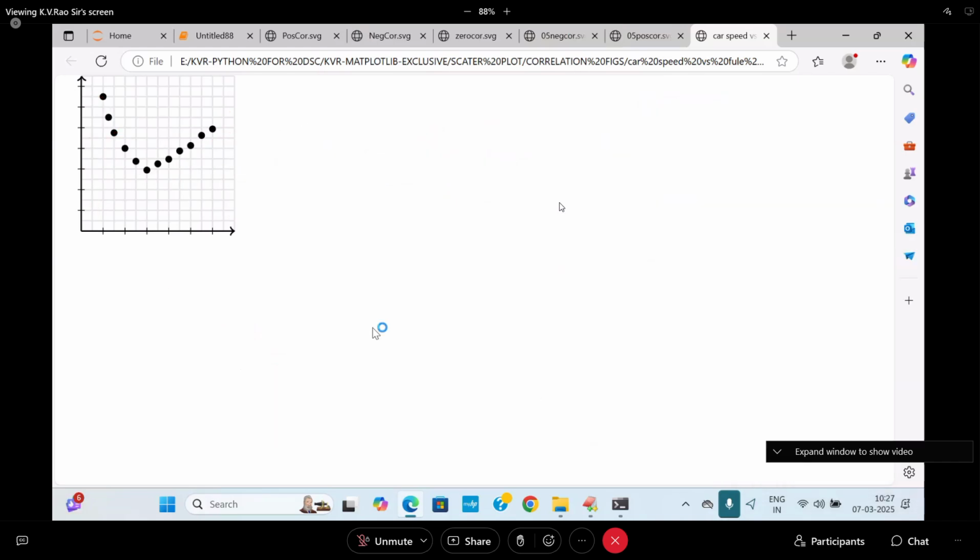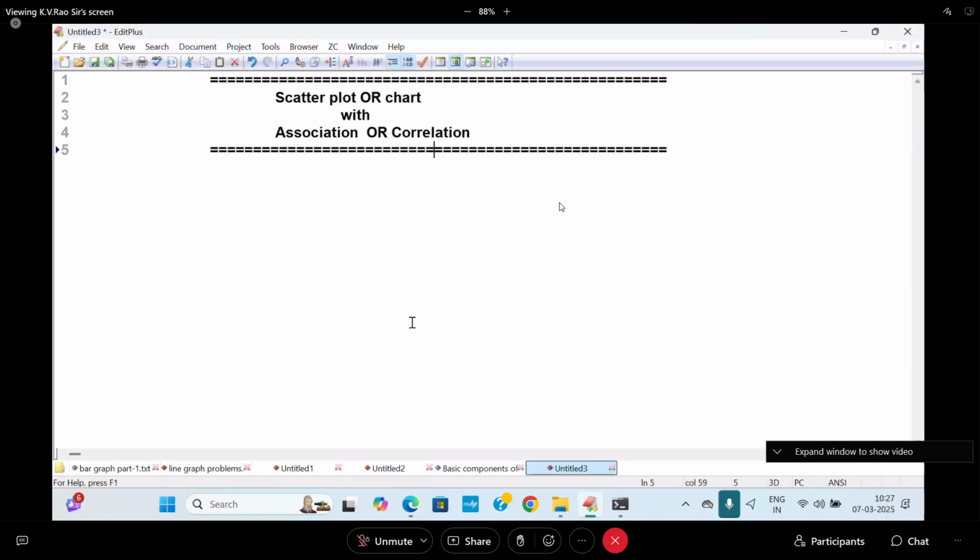Is it understandable? So more speed, more fuel consumption. Less speed, don't think it is less, it will be more only. And there is one economy point given in every automobile device, two-wheeler, four-wheeler, an economy will be maintained.